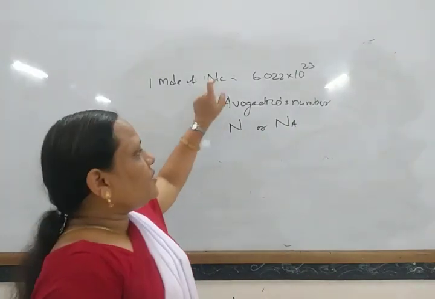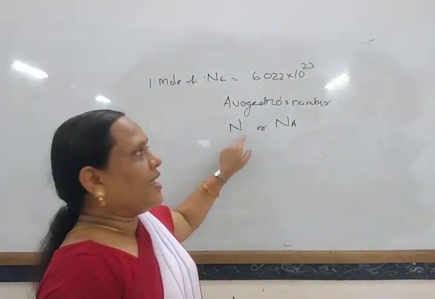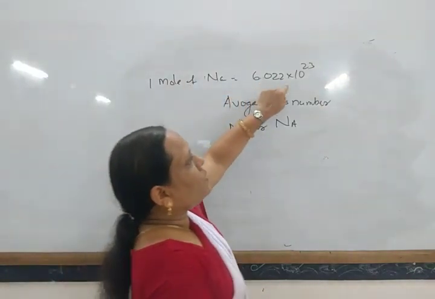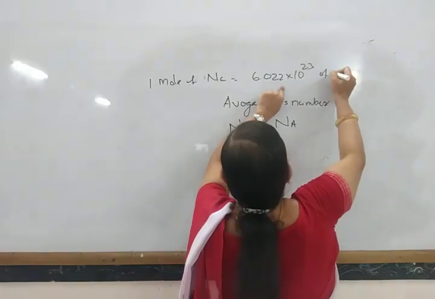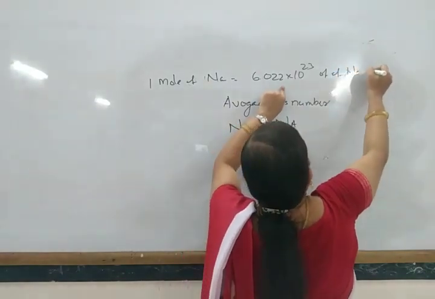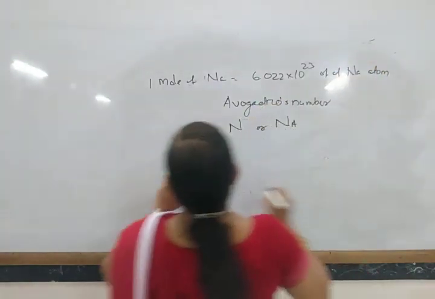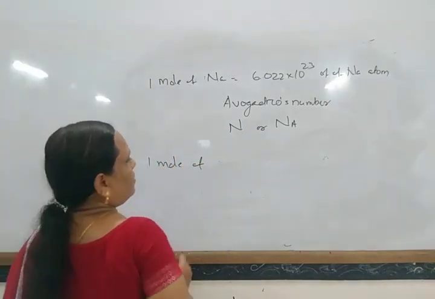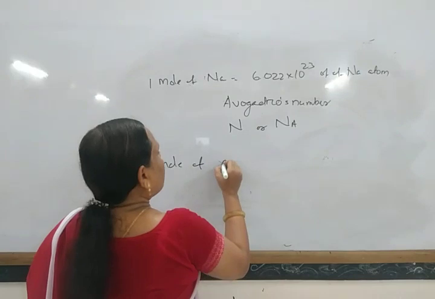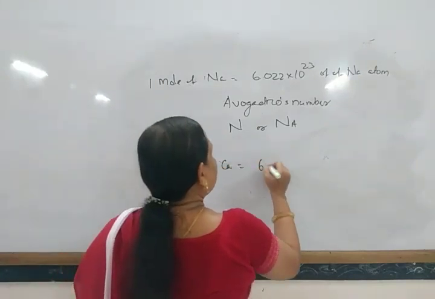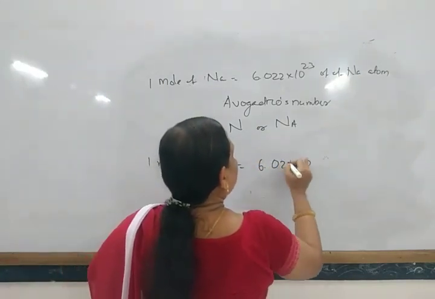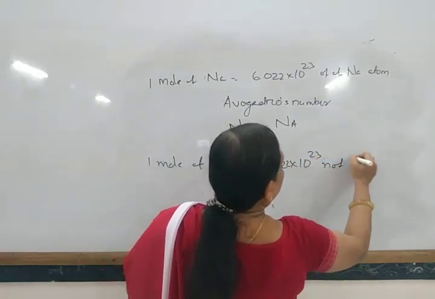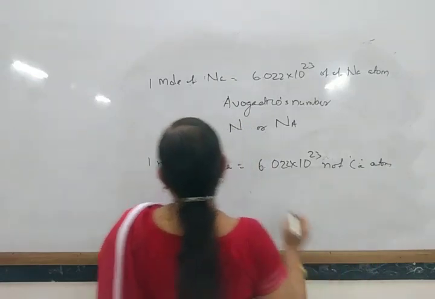So 1 mole means 6.02 × 10^23 sodium atoms. Similarly, 1 mole of calcium means 6.02 × 10^23 calcium atoms.